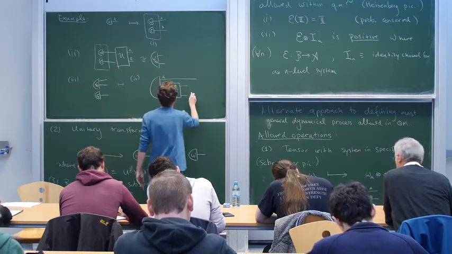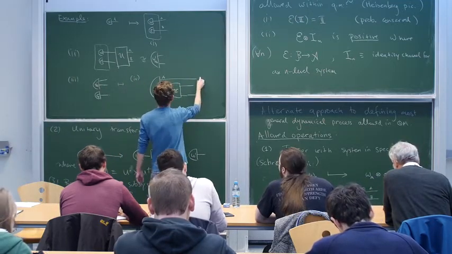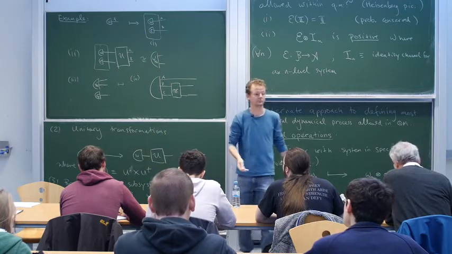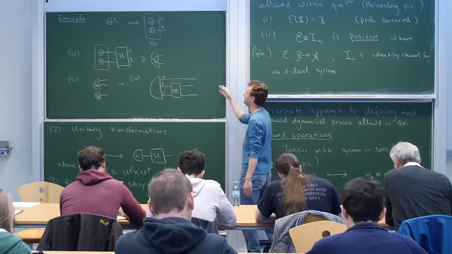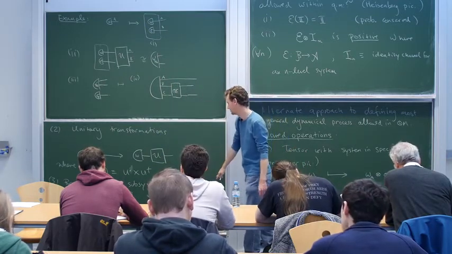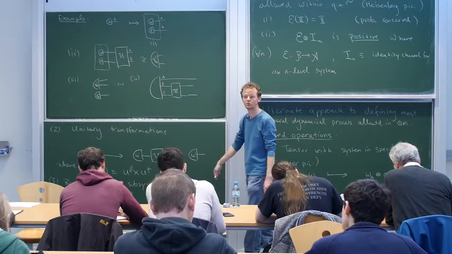And then we could throw out system A by simply ignoring it. That's this third possible allowed operation where we simply ignore a system.